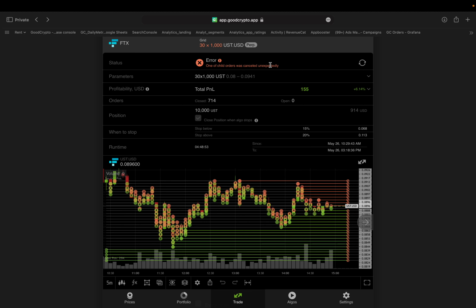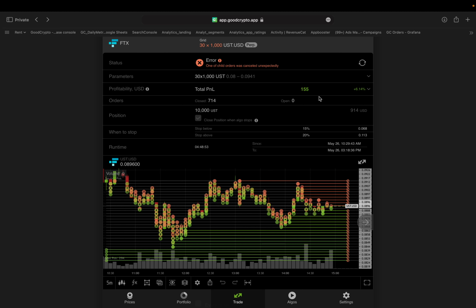So the grid detected that the exchange basically stopped trading and cancelled, or tried to cancel, all the remaining orders. All of them were cancelled anyway, and then the exchange also closed the position that I had open at the time. So anyway, despite that abrupt closure, once again, I made 120% in those 4 hours.